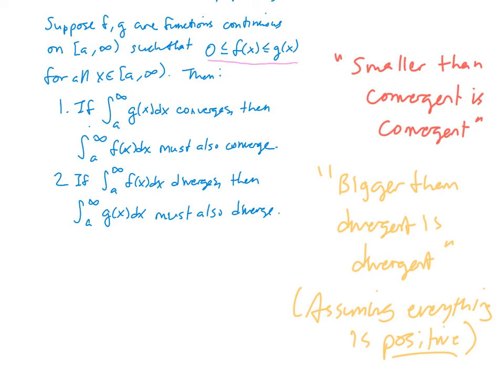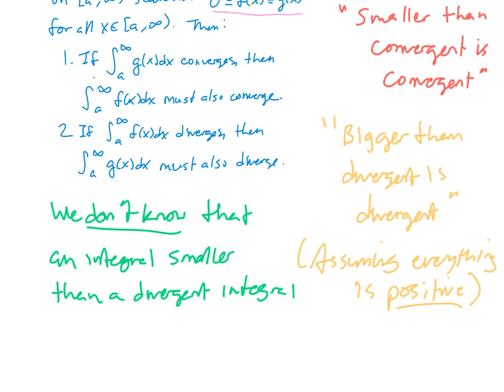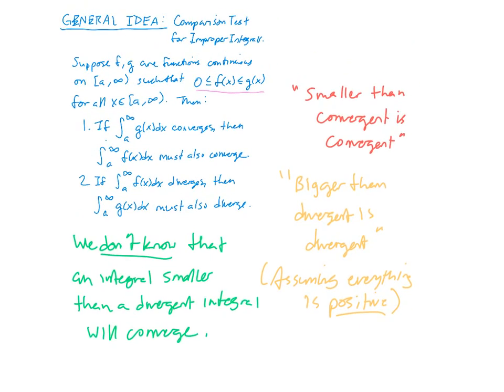We don't know that an integral smaller than a divergent integral will converge. It could still diverge. So this comparison test for improper integrals only works when we choose the comparison well.